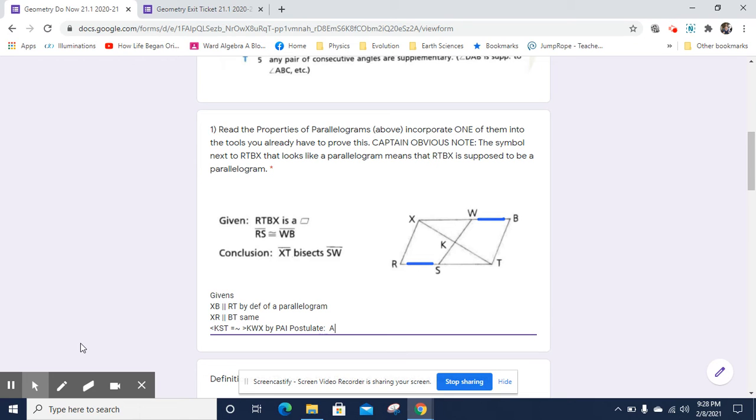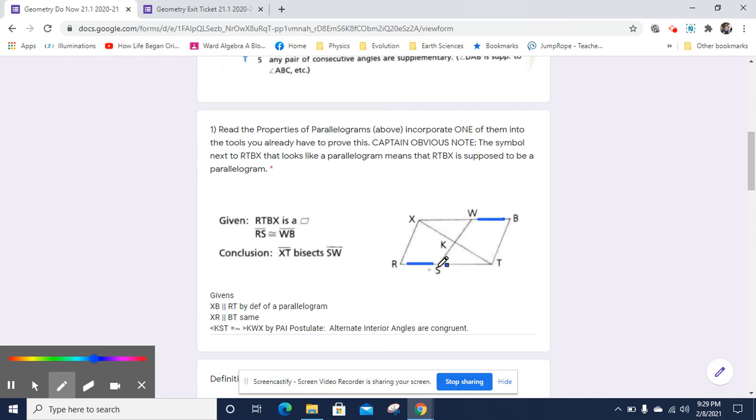Okay, so alternate interior angles are congruent, and that's because XB and RT are parallel. So let's label that. I'll pick a different color. So we know that KST and KWX are congruent. So that's really useful.